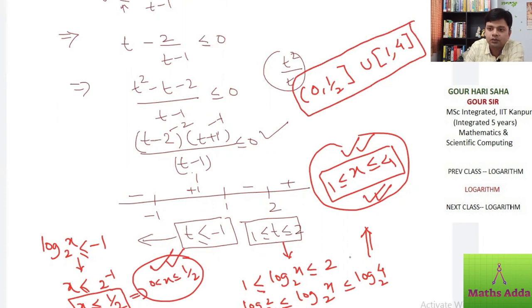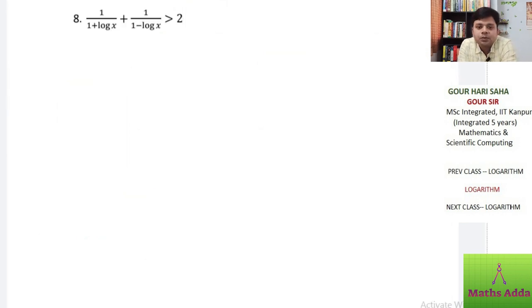Move to the next one. Question number 8. 1 by 1 plus log x plus 1 by 1 minus log x is greater than 2. It is the same as question number 7. What we will be doing? We will be taking log x as t. So it is 1 by 1 plus t plus 1 by 1 minus t greater than 2.